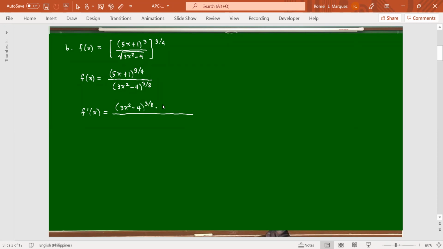Drop the exponent, copy the base, subtract 1 from the exponent, minus 4 over 4, 5 over 4, times the derivative of the base, 5, minus the numerator, 5x plus 1 raised to 9 over 4, times the derivative of the denominator. But the denominator is what?